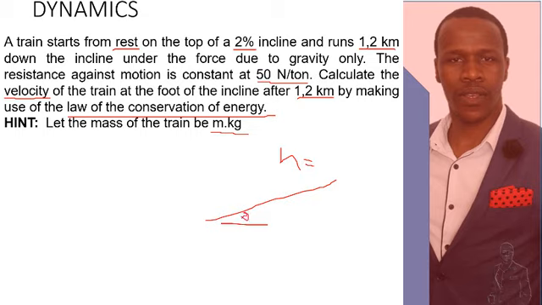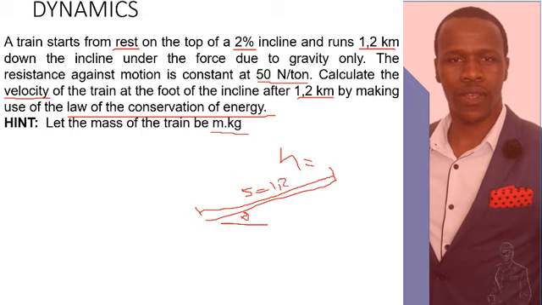Then in that slope we have this distance being s, and that s is the one that's equal to 1,2 kilometers.